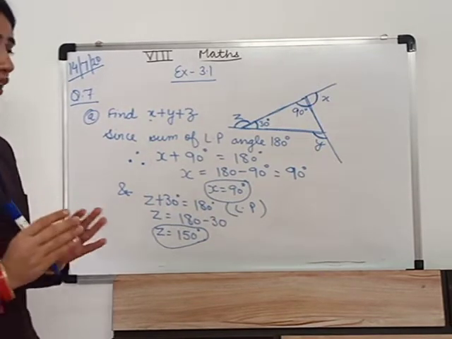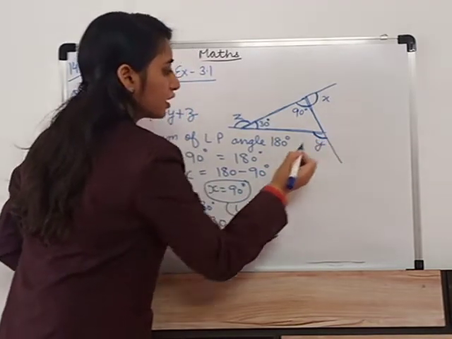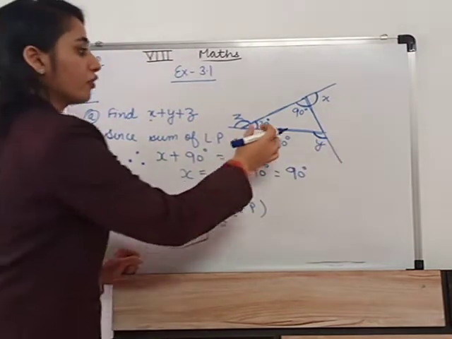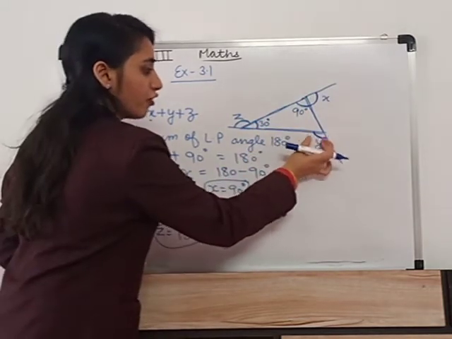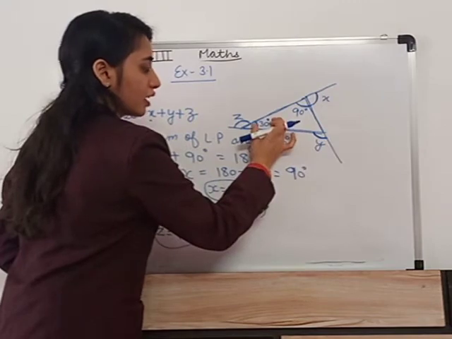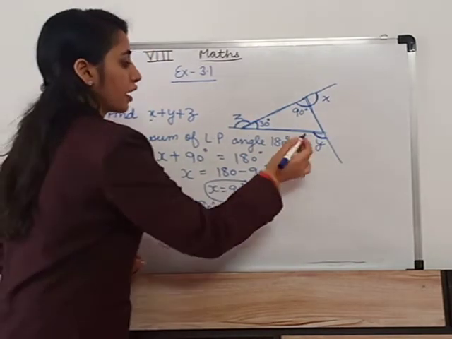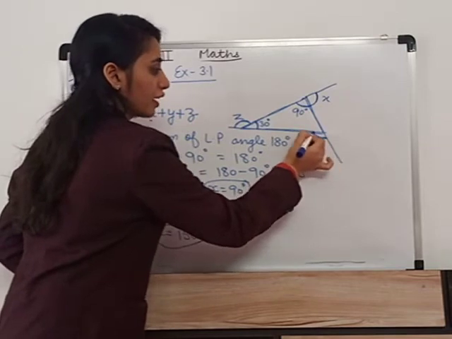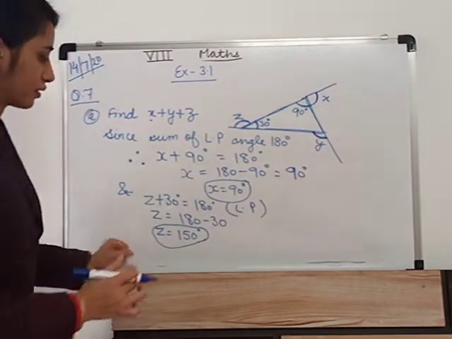What is the exterior angle property? It means this exterior angle is equal to the sum of the opposite interior angles. In front of y, the opposite interior angles are 30 and 90. So by using the exterior angle property, we can write angle y is equal to the sum of these two angles.